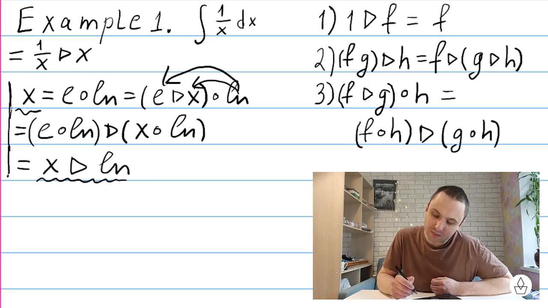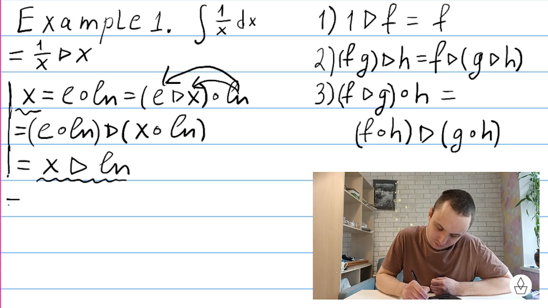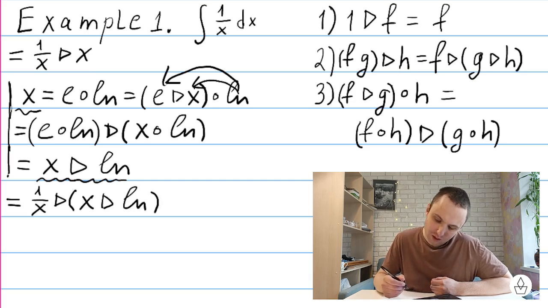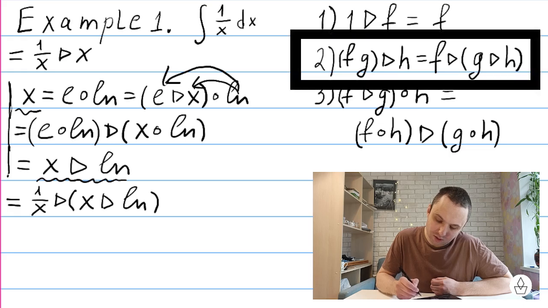And we rewrite example 1 using that fact. 1 over x integral x integral logarithm. And we see that we can move x to the left through the integral using associativity.